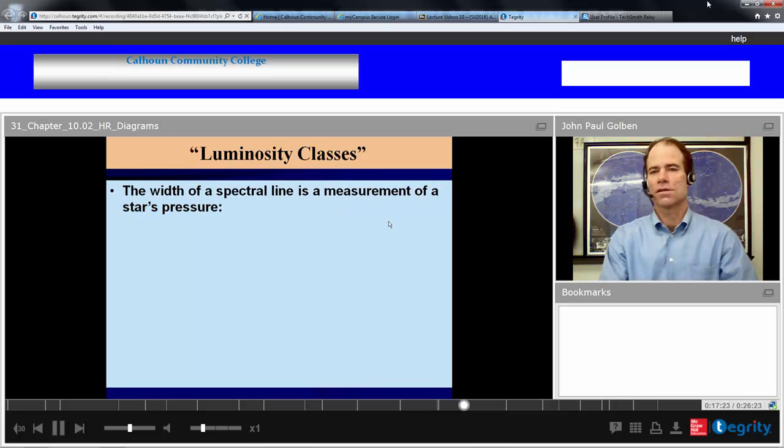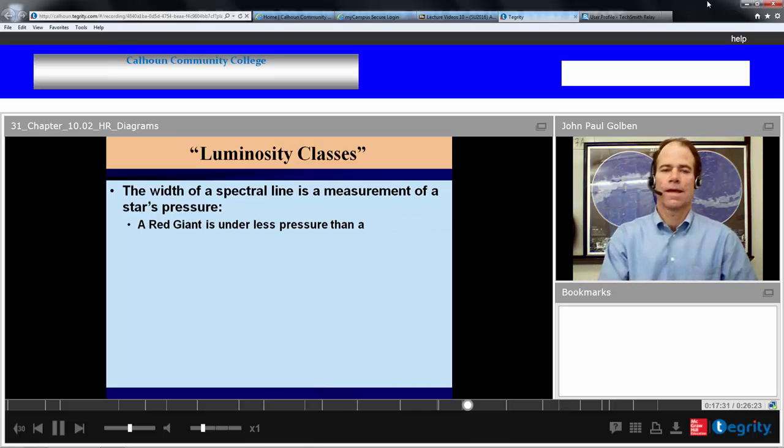On this HR diagram, there's another way to classify stars. We can note that the width of a spectral line is a measurement of a star's internal pressure, and that in turn can give us an idea of its luminosity and size.